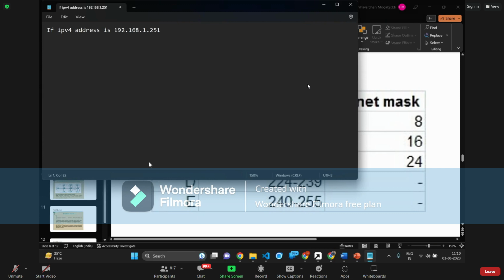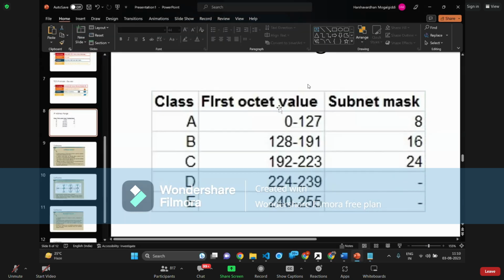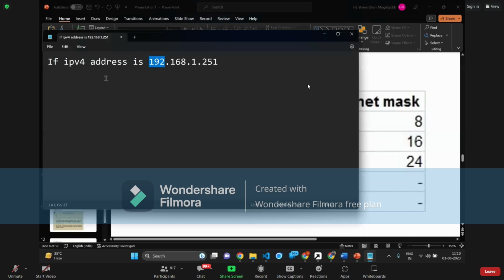The first octet in this is 192. Based on the first octet value, there are different classes of IP addresses.